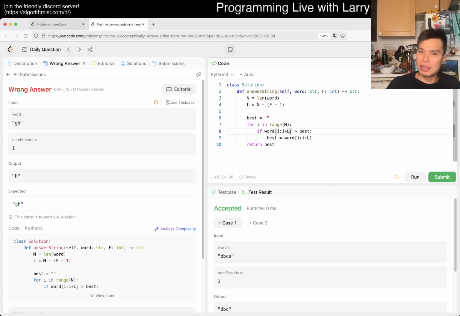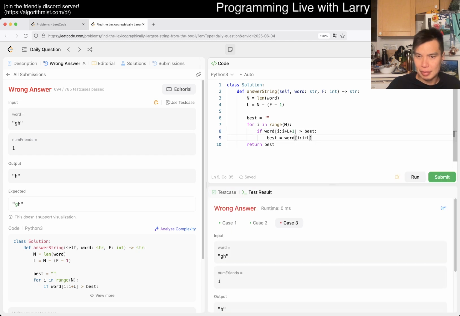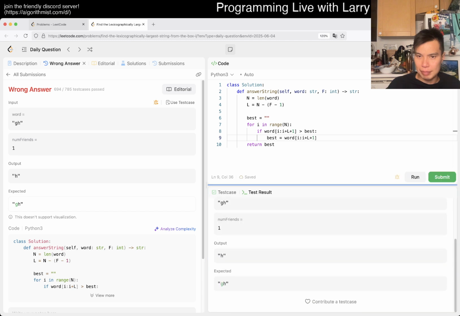Because f is 0, then L is going to be n. So isn't it just I plus L? Did I miss an off by 1 here? I'm really bad at this. No, apparently not.